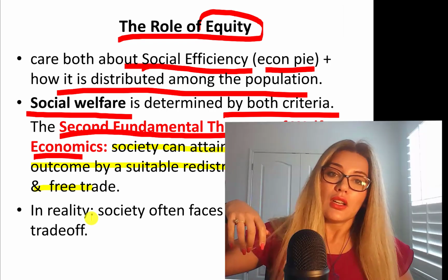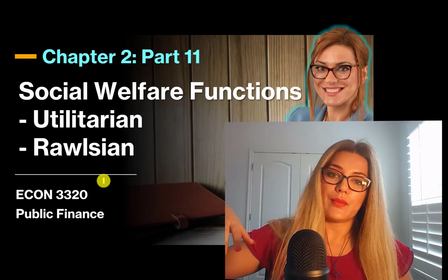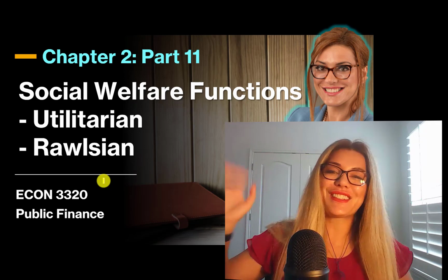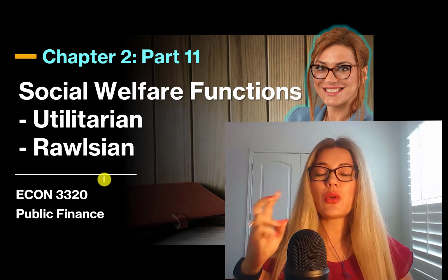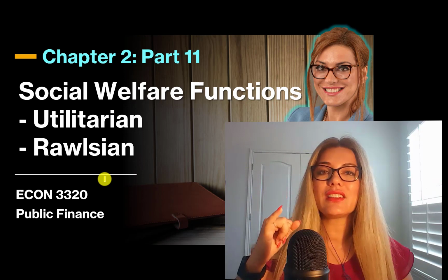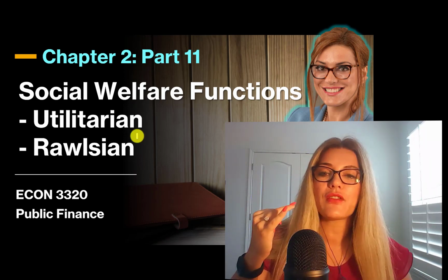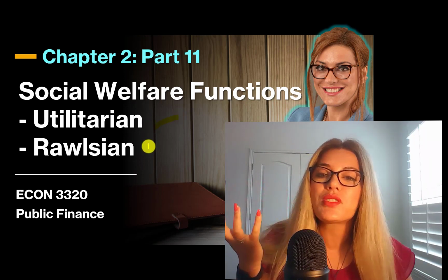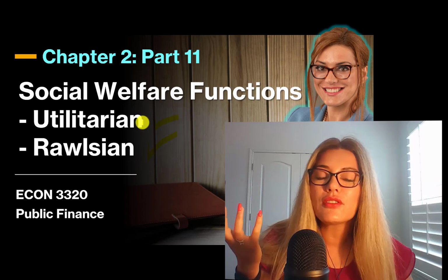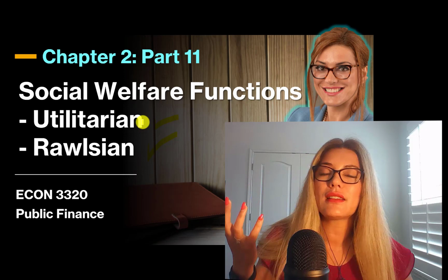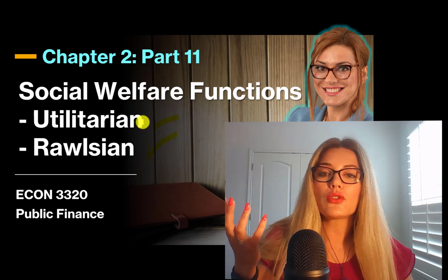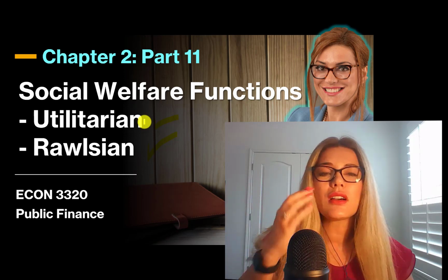Okay? So in the last part, we are going to talk about social welfare functions. We are going to focus on utilitarian and Rawlsian social welfare functions. So what is our objective, right? Do I want to, for instance, provide completely free education at the college level? Or do I want to cancel all college subsidies?